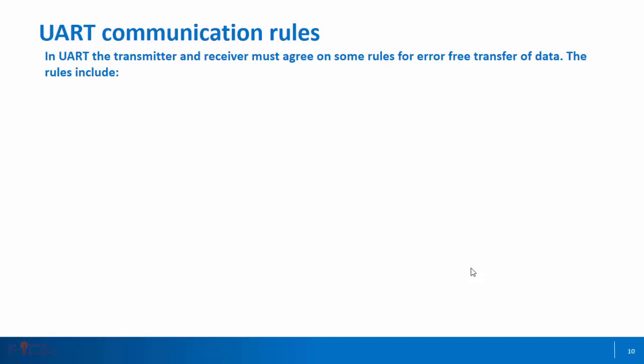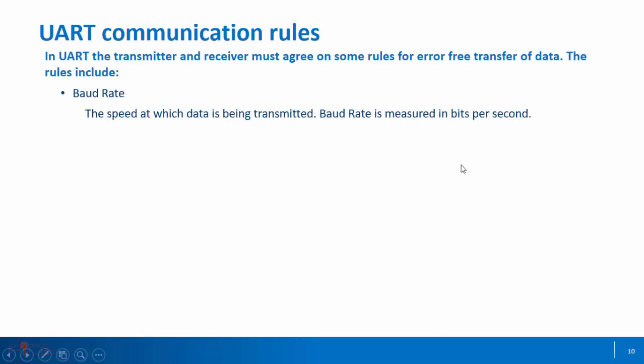As UART doesn't use a clock signal to ensure effective transmission of data between two devices, some rules are defined. Both receiver and transmitter must agree upon these rules. First rule is the baud rate, which is the speed at which data is being transmitted.